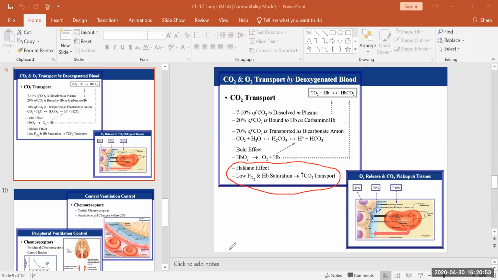In other words, it facilitates CO2 transport. So in the lungs, if oxygen is high and CO2 is low, it promotes the unloading of CO2, meaning it facilitates the transfer of CO2 from the red blood cell into alveolar space.